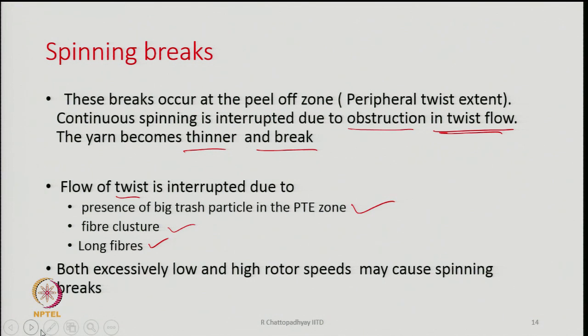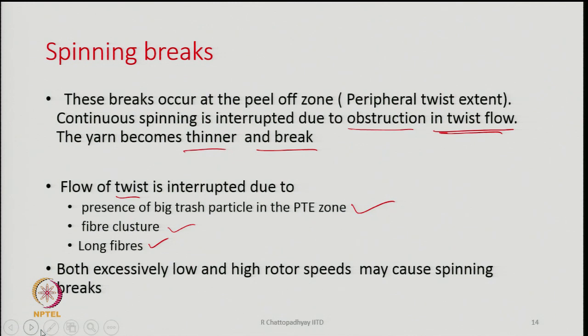If the spinning speed is low, the tension in the yarn will be less and the flow of twist, flow of torque into the band of fiber also will be less. See, how much torque can flow through a twisted yarn depends upon the level of tension in the yarn.